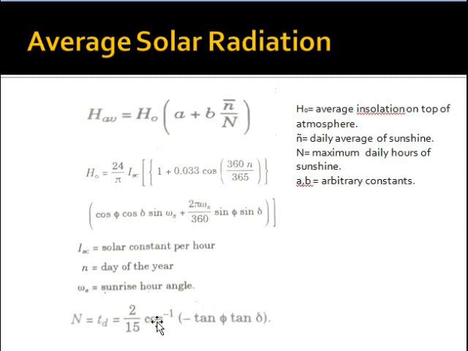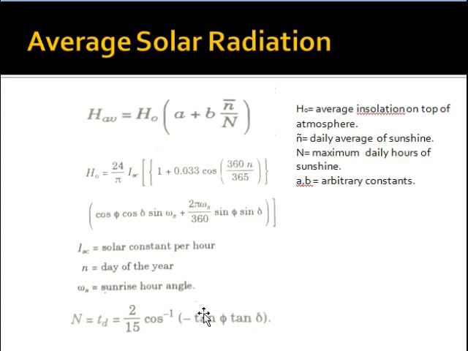So what is the hour angle? If we multiply the hour angle by 2, we will get the total hours of sunshine, the maximum hours of sunshine, but that will be in terms of degrees. Assume we have only a sunrise angle of 90 degrees; into 2 is 180.